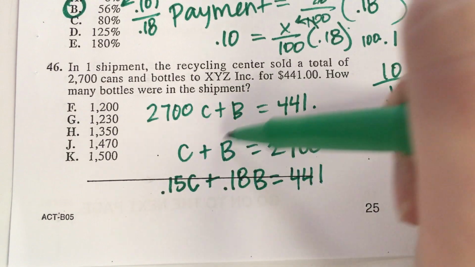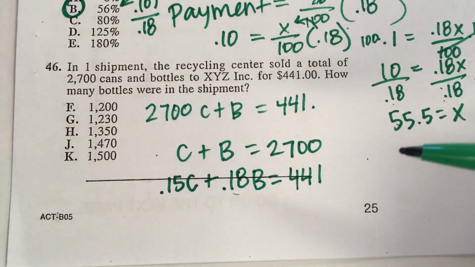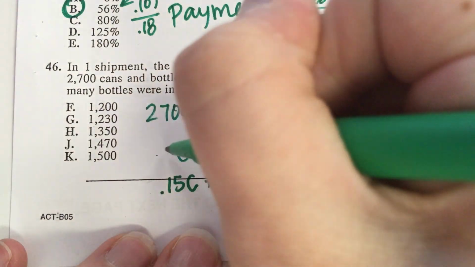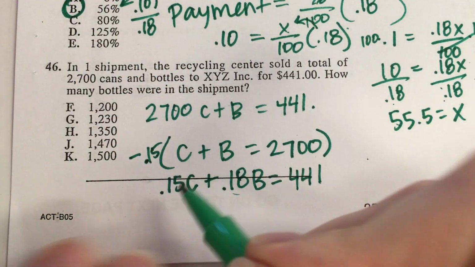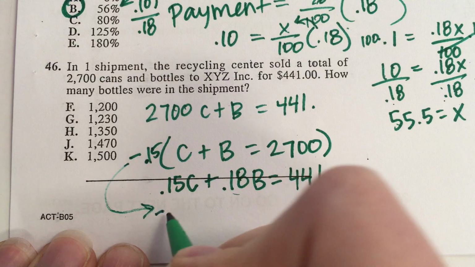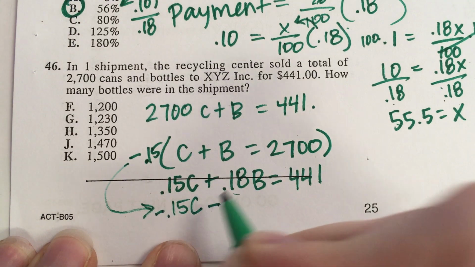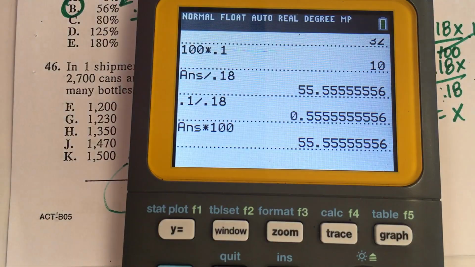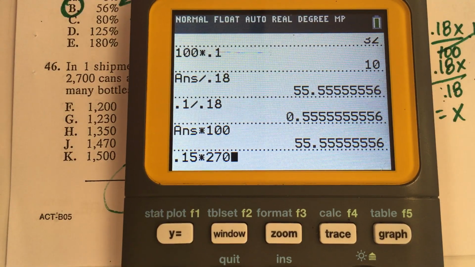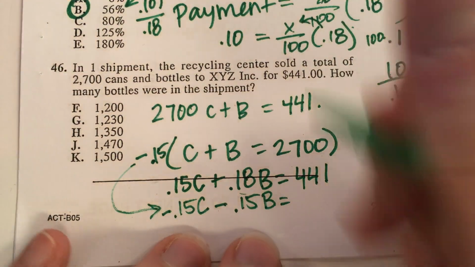If I want to know how many bottles are selling, I'm going to get rid of the C on top. So I'm going to multiply the first equation times negative 0.15 to cancel with the C's. So that's going to give me negative 0.15C minus 0.15B equals, I'm going to do it on my calculator, 0.15 times 2,700, negative 405.